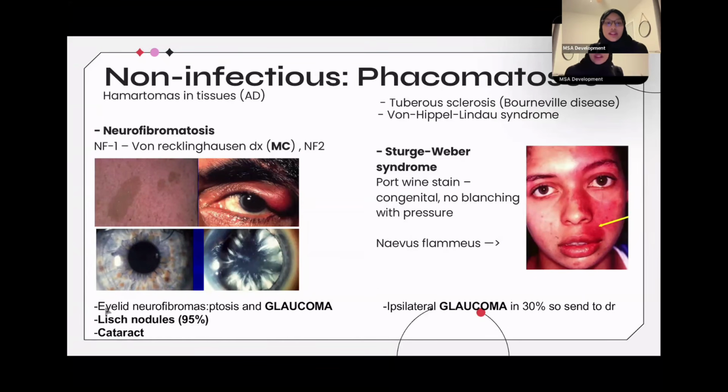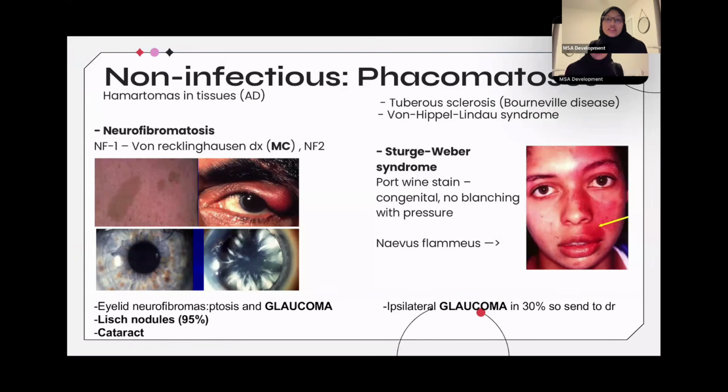This eyelid neurofibroma can cause ptosis and glaucoma, increased intraocular pressure in the eye, because of all these issues. There are also brown deposits here and there. These are called Lisch nodules, and in 95% of them they are present. And then white lens opacity is cataract.